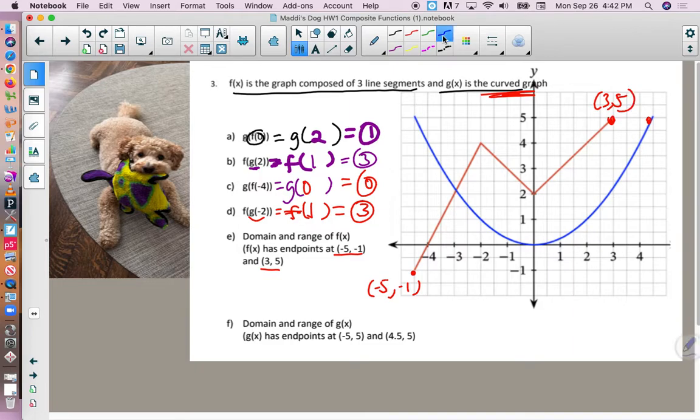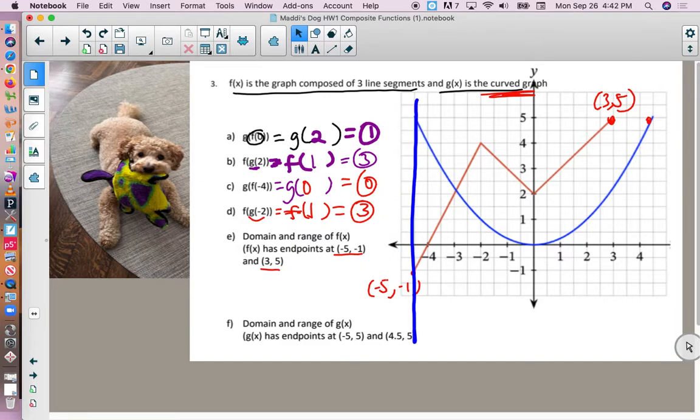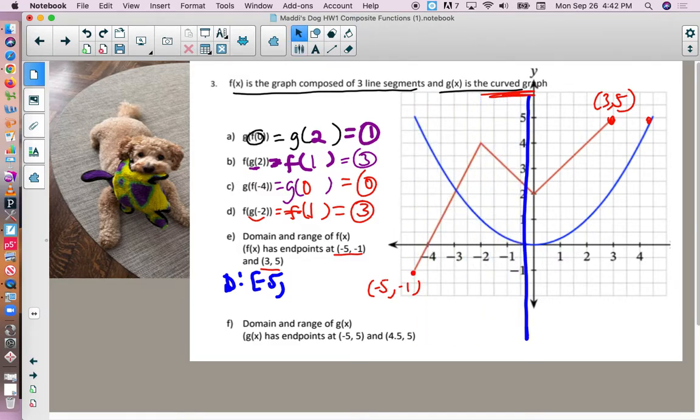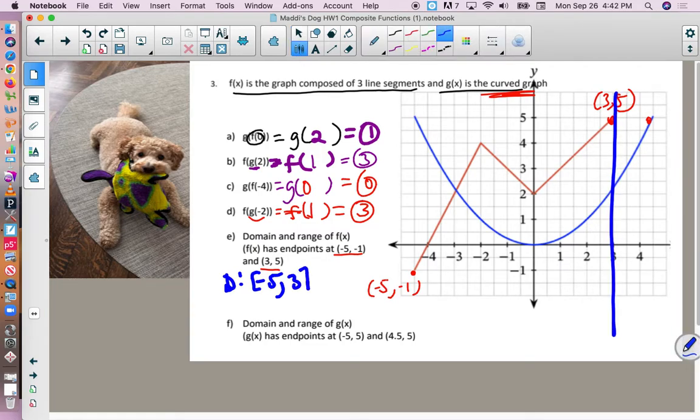So if I'm looking for domain, copy your review for the test, my domain picks up at -5 included, so my domain, I'll call that D for domain, goes from -5 hard bracket, and my domain lasts on the F of X until I get to 3, and it's enclosed.